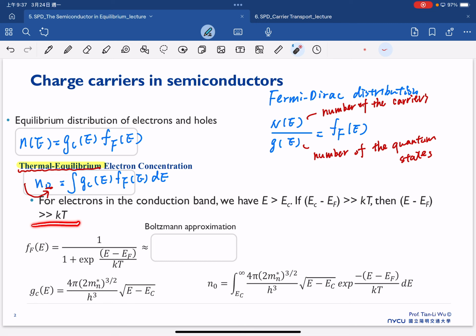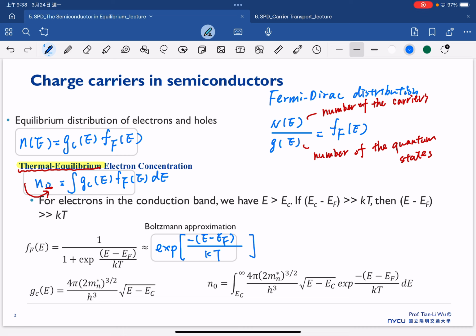then in this case, as we already mentioned last week, the Fermi-Dirac distribution can be approximated by the Boltzmann approximation, and therefore this equation becomes e to the power of minus (E minus E_F) over kT.